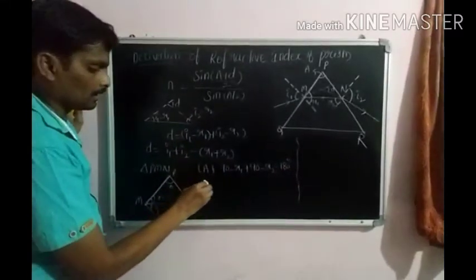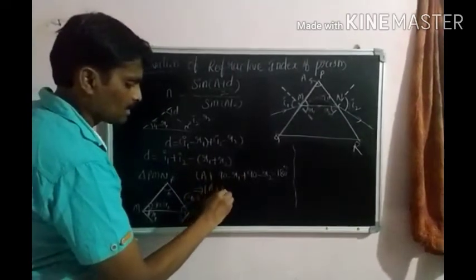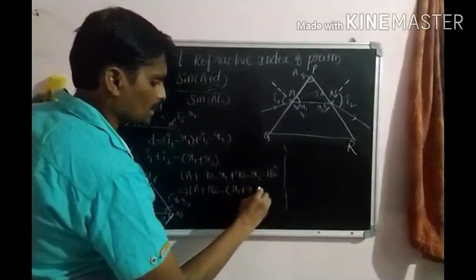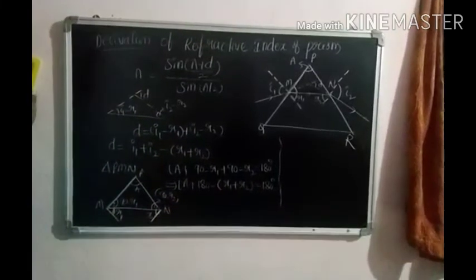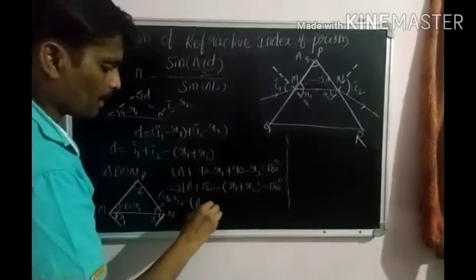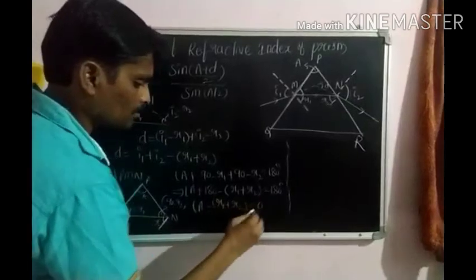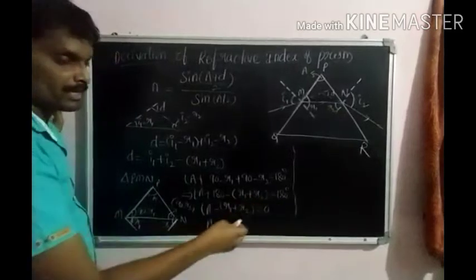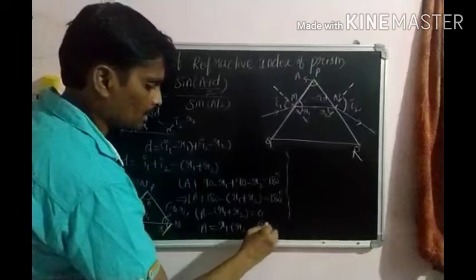So 90 plus 90 is 180, A plus 180 minus (R1 plus R2) equals 180 degrees. The 180 gets cancelled. Then A minus (R1 plus R2) equals 0. Then A equals R1 plus R2. This is equation number 2.